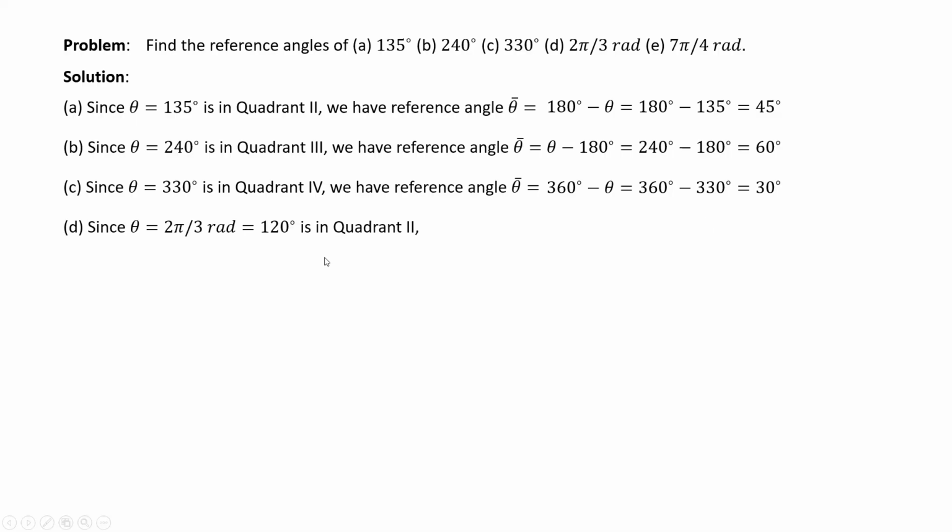And 2 pi thirds. I typically change things to degrees. I can see things much better with degrees. 2 pi thirds, wait, where is it? Can you tell readily that it's between pi half and pi? If you can, then more power to you.